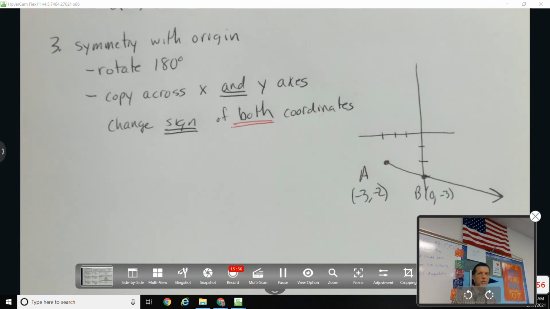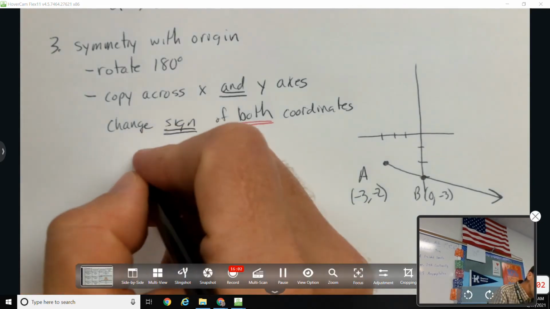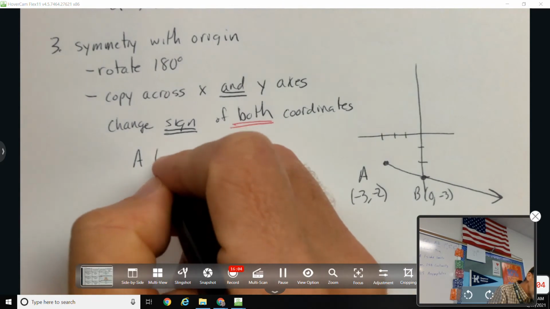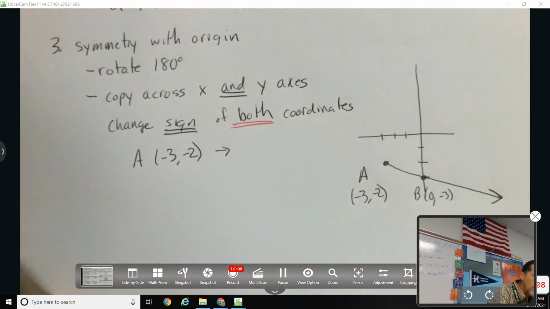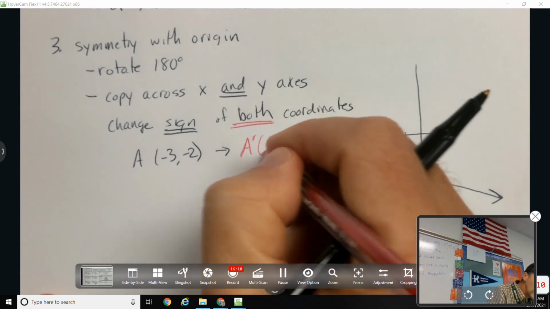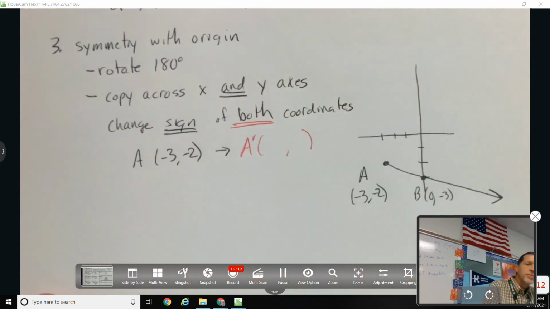Maybe you can rotate that 180 degrees around the origin, but that is, for me, really hard to visualize where that's going to go. So for this one, I think for most people, it's going to be a little more process-oriented rather than just visualizing the thing.